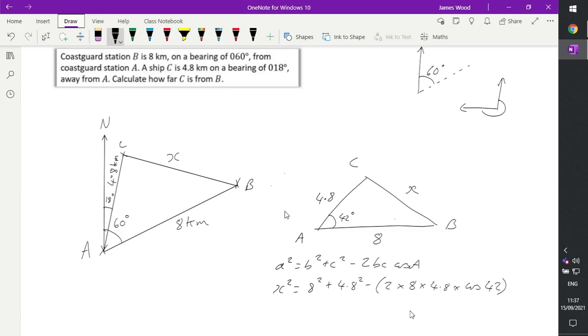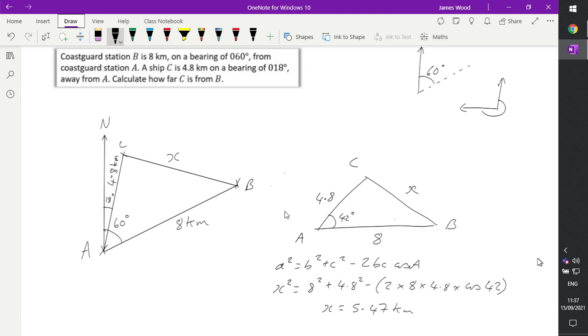And then we can solve this. So I'm just going to type this whole thing into my calculator. And I just need to remember to square root it. Right. So x is then 5.47 kilometers away.